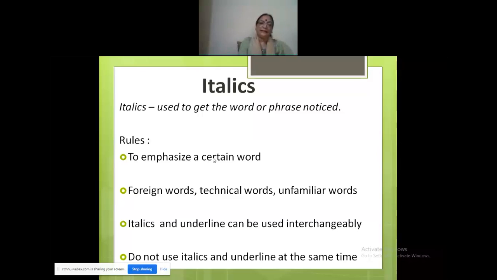So you either use italics or you use underlining, but we should not use both. Italics, underlining, inverted commas, only one can be used. That would be enough because it is to draw attention, and italics and underline together should not be done. So that is important.